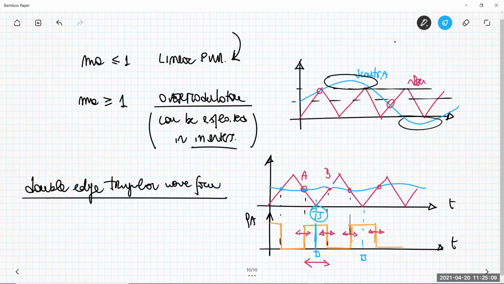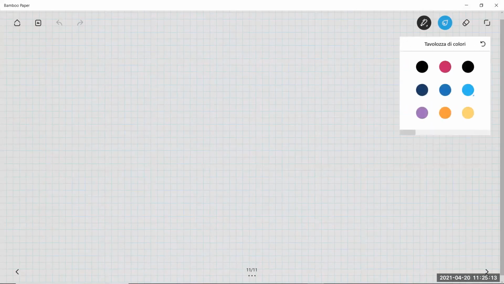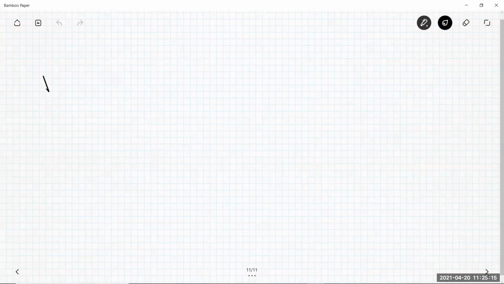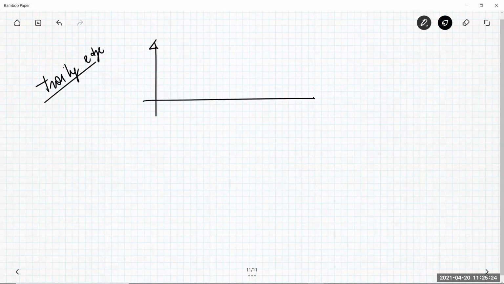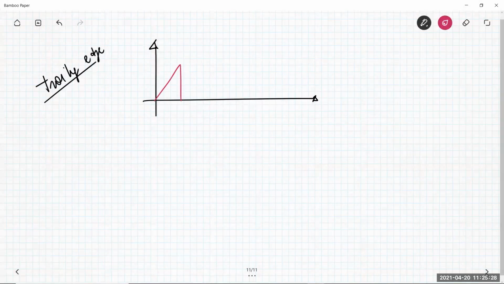The situation is a little bit more complicated if you are using what is called the trailing edge. The trailing edge is a pulse width modulator in which you have no symmetrical triangular waveform. You have something like this.